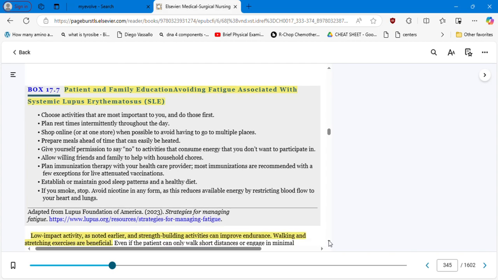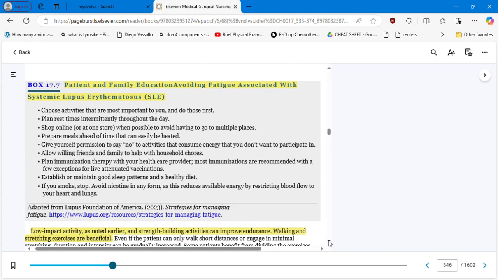Patient and family education, avoiding fatigue associated with SLE: choose activities that are most important to you and do those first. Shop online when possible to avoid having to go to multiple places. Give yourself permission to say no to activities that consume energy.